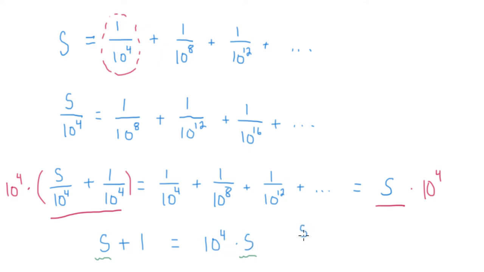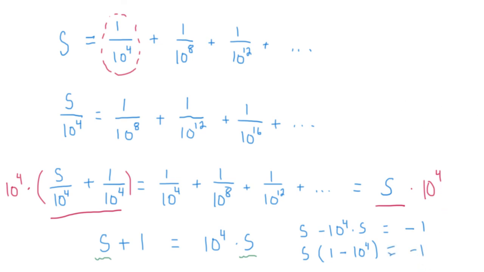So I have s minus 10 to the fourth times s is equal to, well, let me subtract 1 to the other side. And now the idea is I can use the distributive property here. I can factor out s, and I'll have 1 minus 10 to the fourth. So again, I just factored out an s. What am I left with here? And that should equal -1.